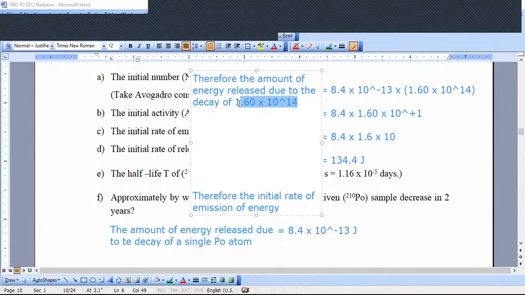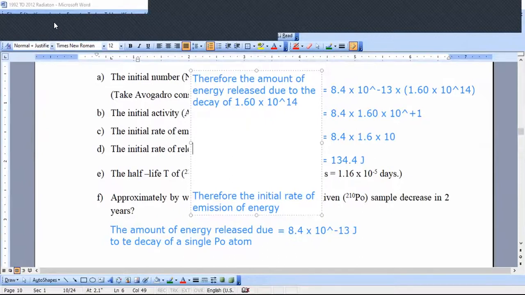Initially, 1.6 into 10 to the power 14 atoms are broken per second. Due to the breaking of 1.6 into 10 to the power 14 atoms, 134.4 joules of energy is released.